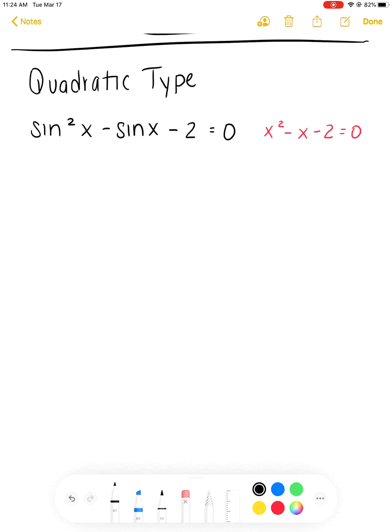So I'm still asking myself what multiplies to negative 2 and adds to negative 1.